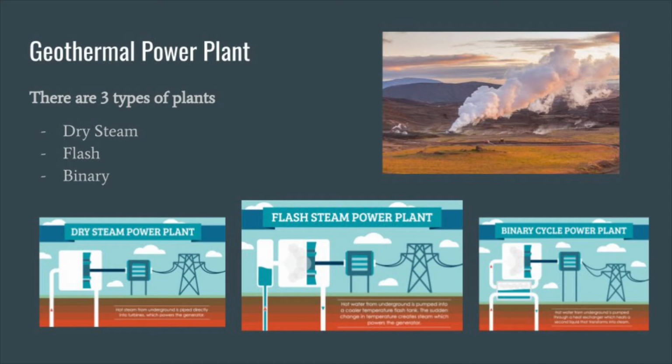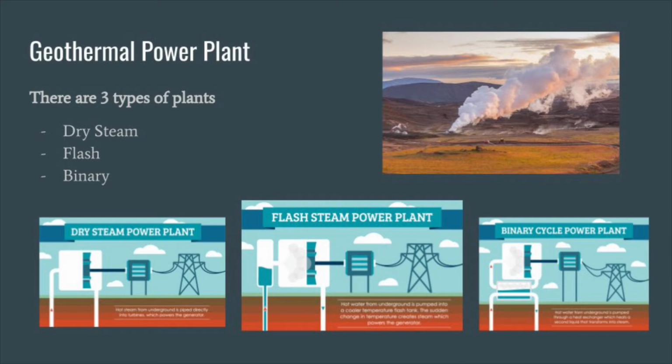After the steam is used, it will then be reinserted back into the plant, as seen there. This is a really interesting system, like the dry steam method, where instead of just inserting steam, it uses a pressure difference to start creating the energy. And with that, we'll be able to check out the binary cycle power plant.